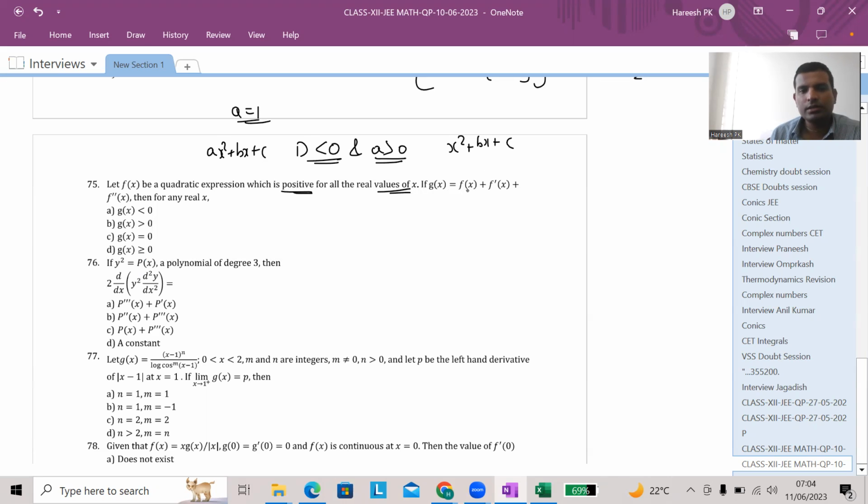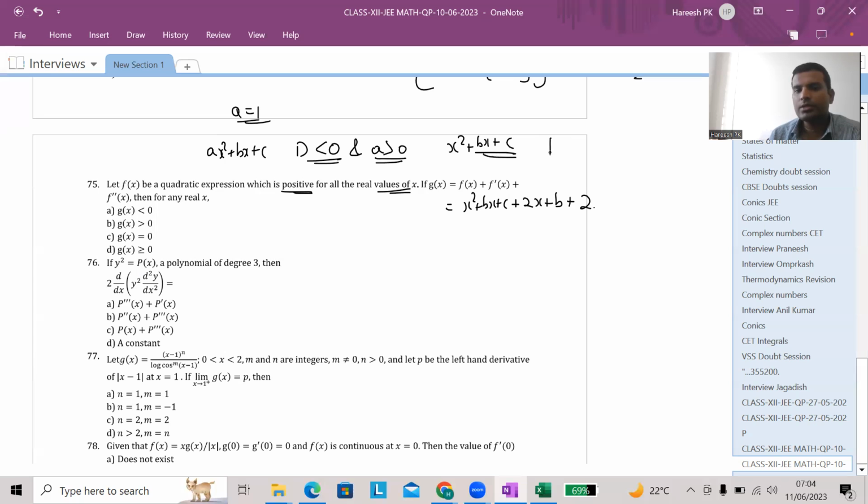Now g of x is x square plus bx plus c plus the derivative of f of x, which is 2x plus b, plus the second derivative, which is 2. Now we need to evaluate this discriminant.